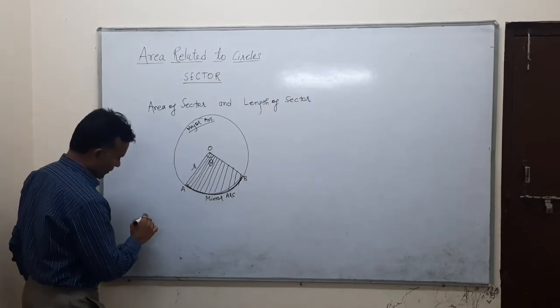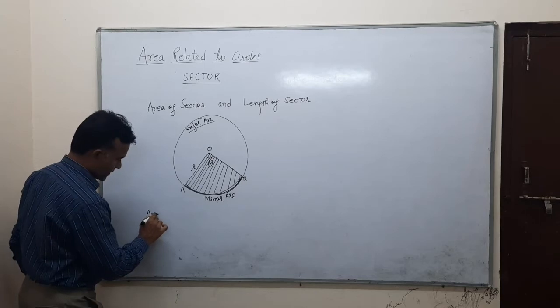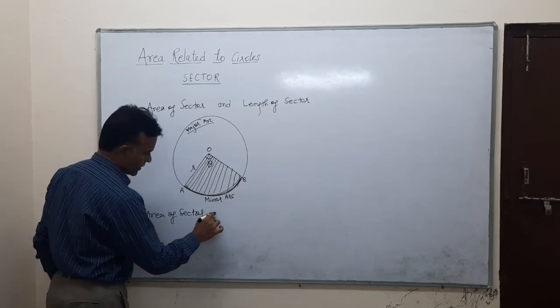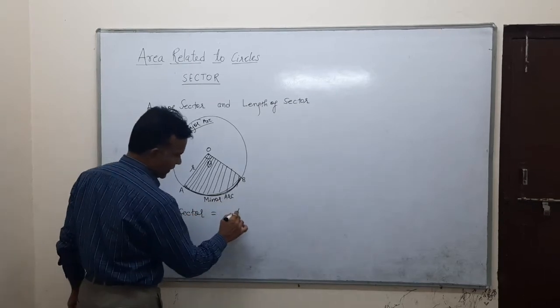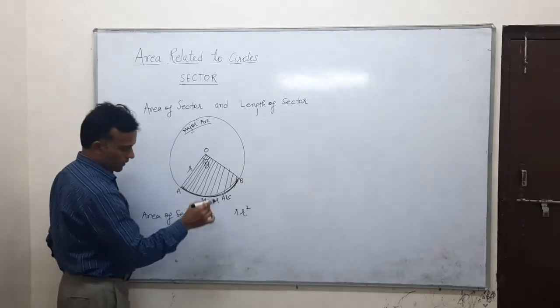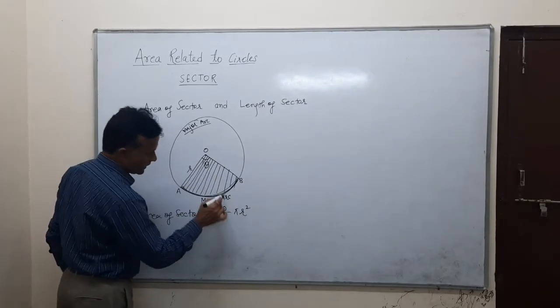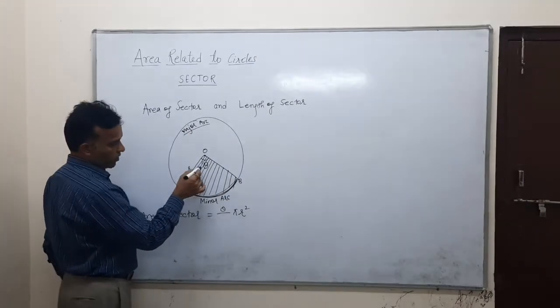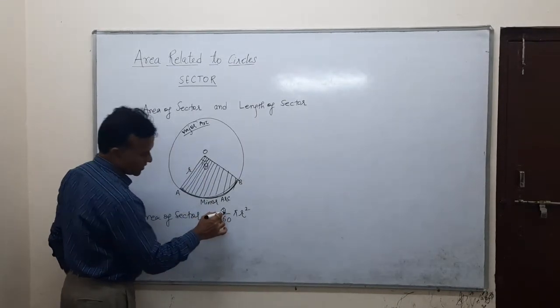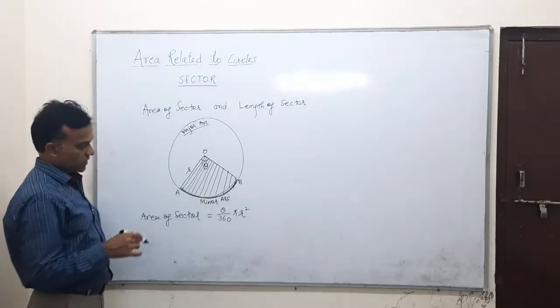The formula for area of sector is as follows. Whole circle is pi r square, we know that, but this part includes only theta, and the whole circle is 360 degrees. Suppose theta is 40 degrees here, so it is divided by 360, and this part you take with pi r square.